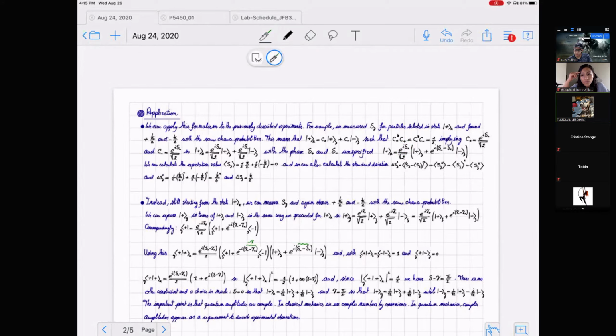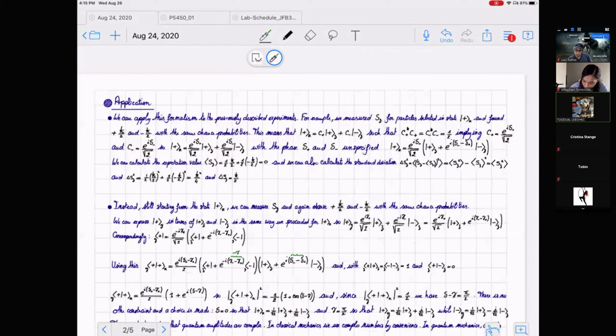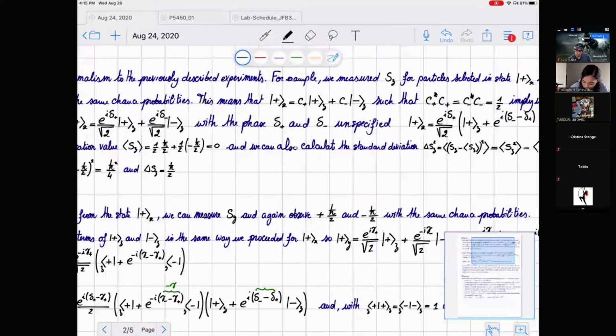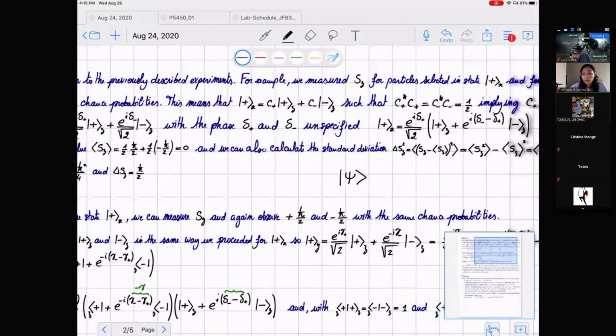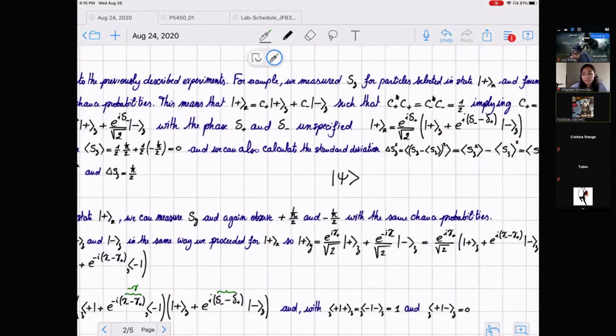So you take a state, for example psi, and if I know the expression of psi in terms of plus sub z and minus sub z, I can predict the probabilities of the different possible measurement outcomes.